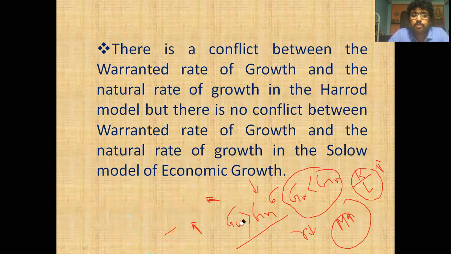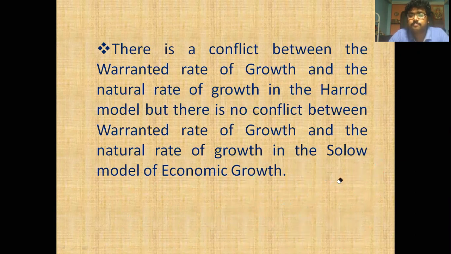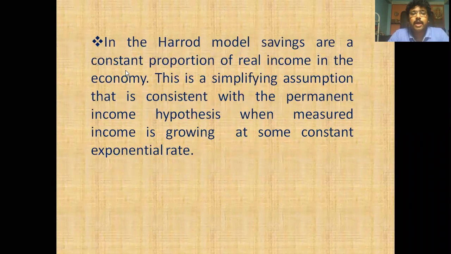Otherwise, I will not be able to move to the next slide. In the Harrod model, savings are a constant proportion of the real income in the economy. And this is a simplifying assumption that is consistent with the permanent income hypothesis.